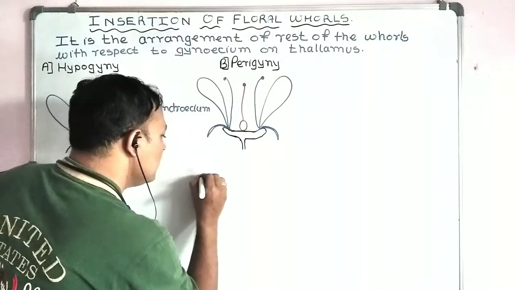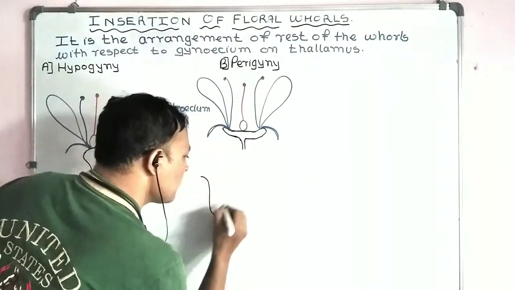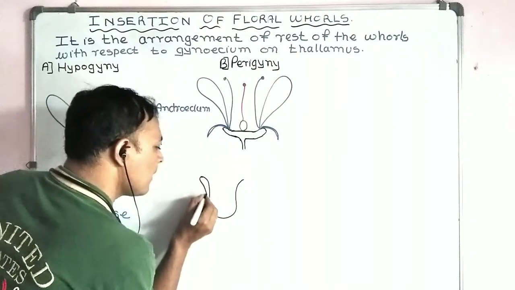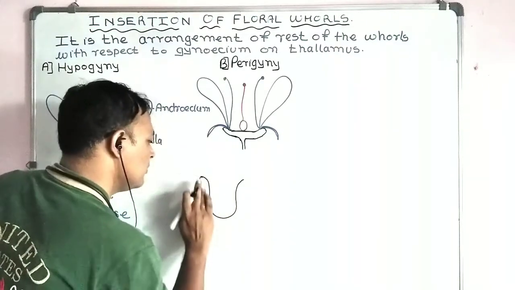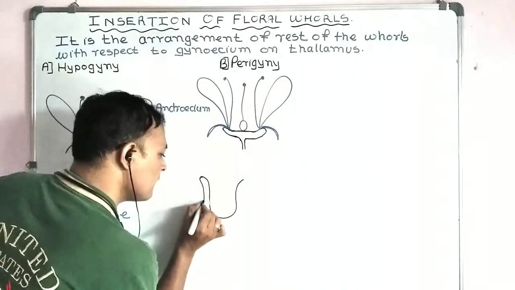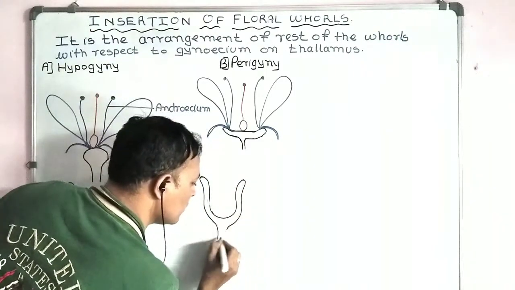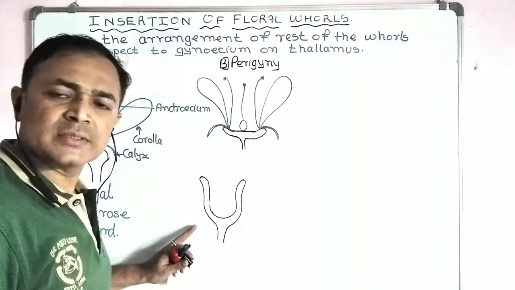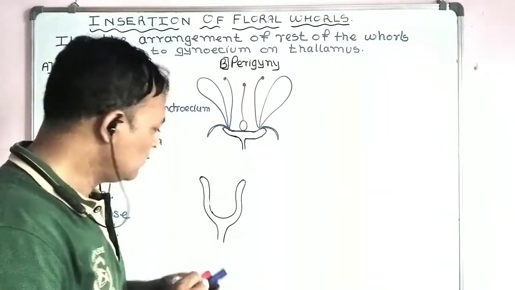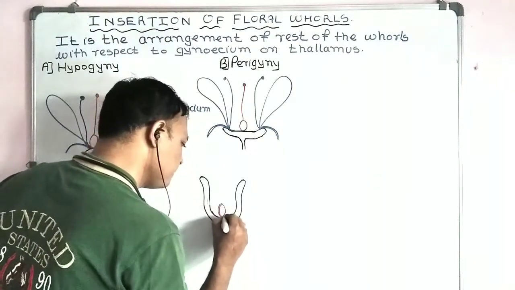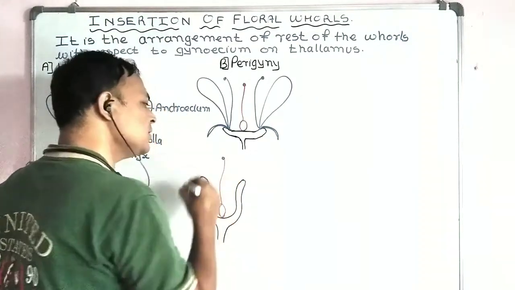In that case, the thalamus forms a cup-like shape, like this. The thalamus appears like a cup with the ovary here. This is the gynoecium.